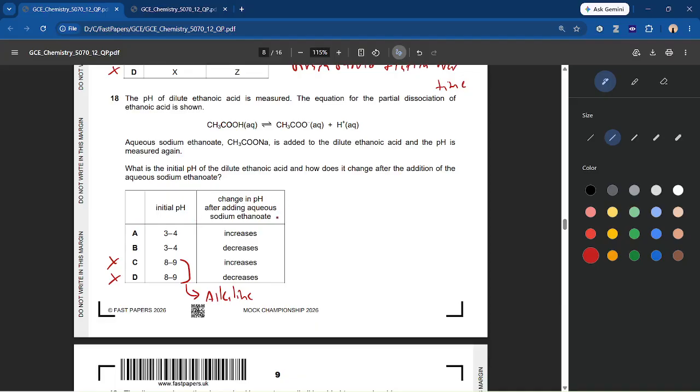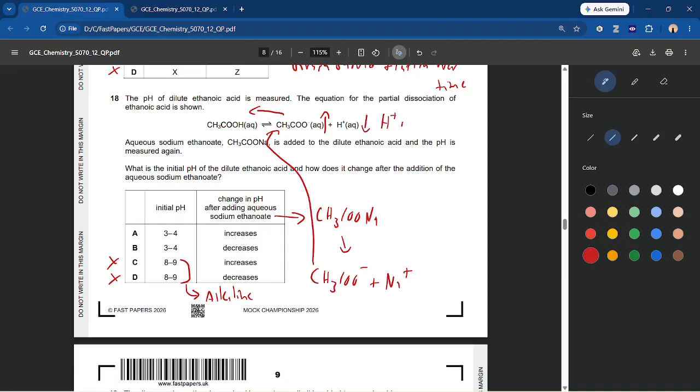After adding aqueous sodium ethanoate, CH3COONa, this turns into CH3COO minus plus Na plus. So you're adding more CH3COO minus to the equilibrium mixture. So when you're adding more of this, equilibrium will shift back towards the left-hand side. So when you're shifting towards the left-hand side, you're also causing a decrease in H plus ions.